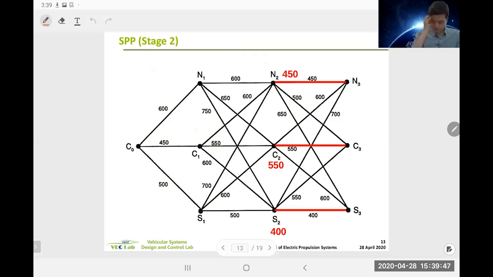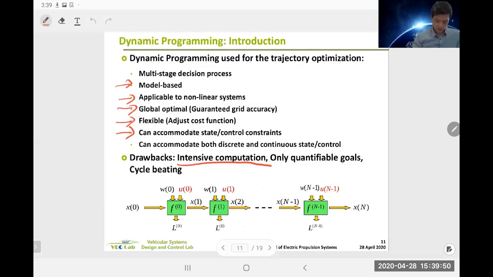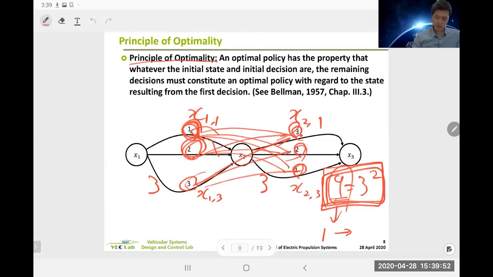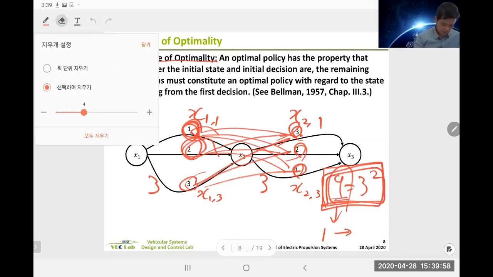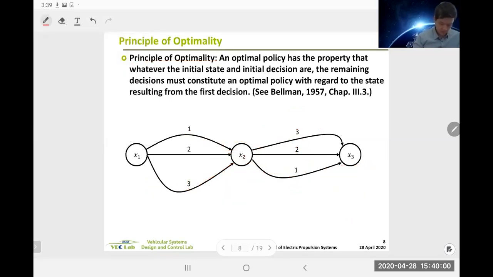So for example, let's start with this example again. The principle of optimality states that from x2 to x3, we know this one is the optimal solution, right?